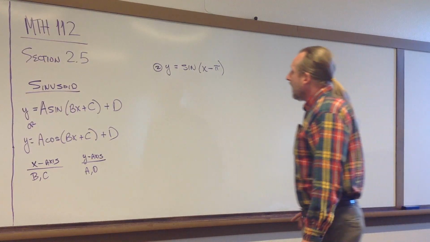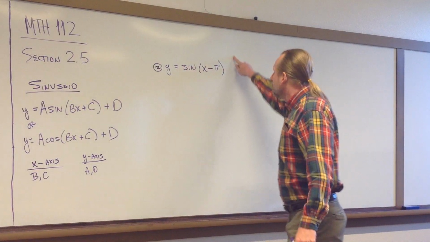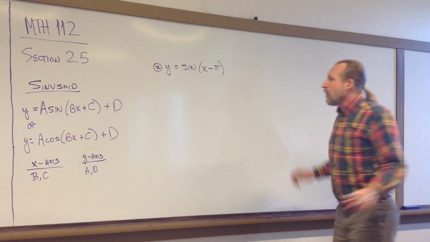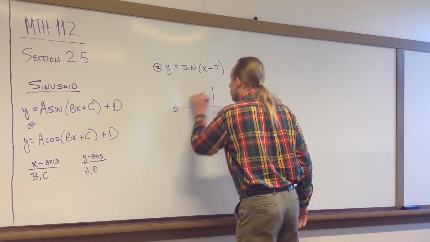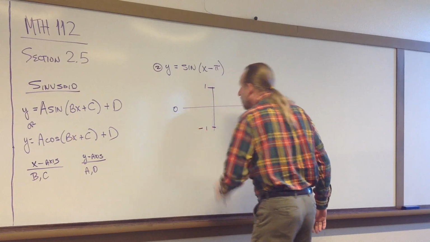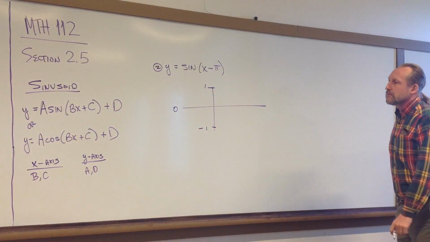But what I wanted to point out is that here A is 1, D is 0. The y-axis won't be affected. This will be 0, that will be 1, that will be -1.